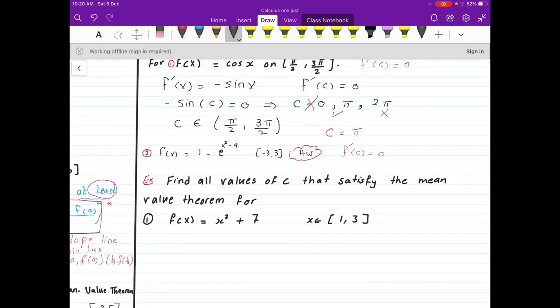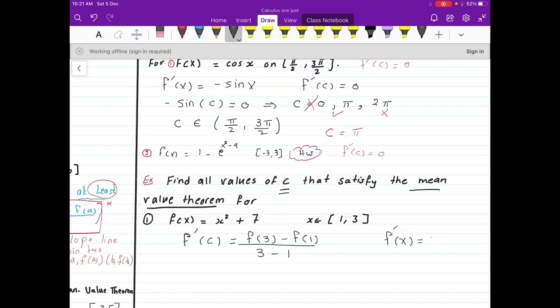Another example. Find all values of c that satisfy the mean value theorem. For f of x = x squared + 7, need to find c such that the slope of the tangent at c = the slope of the line that joins the 2 points 3 and 1. يعني find c such that f prime of c = (f3 - f1) over (3 - 1). Now, what is f prime x?